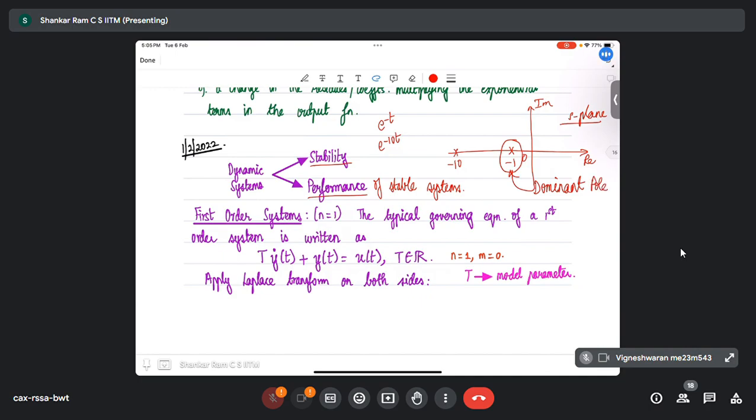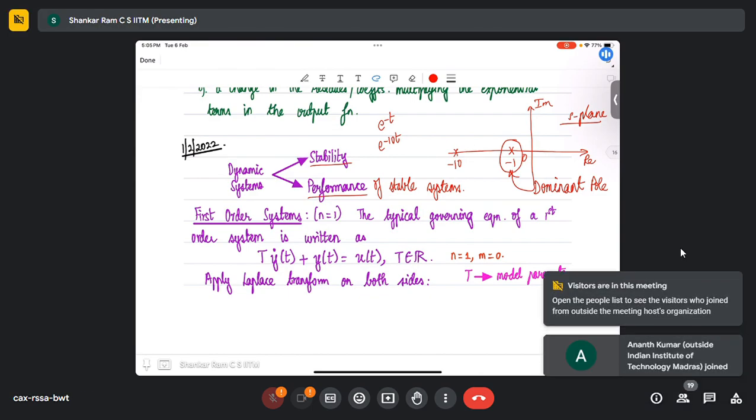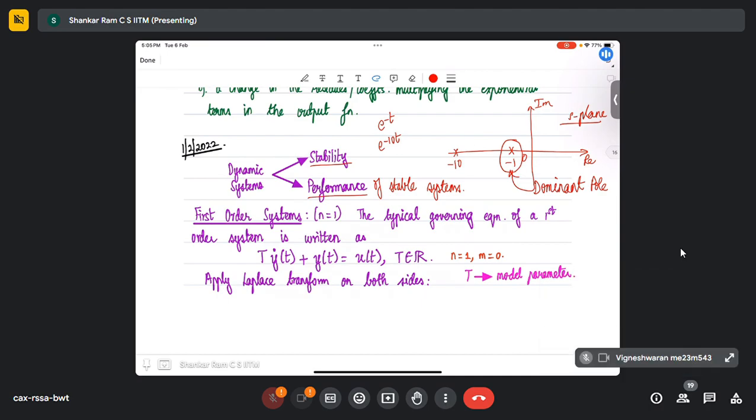These are all terms that you and I need to be aware of. So what is a dominant pole? The dominant pole is that pole which is closer to the imaginary axis, and consequently will influence the system response for a longer interval of time. That is what is called the dominant pole.